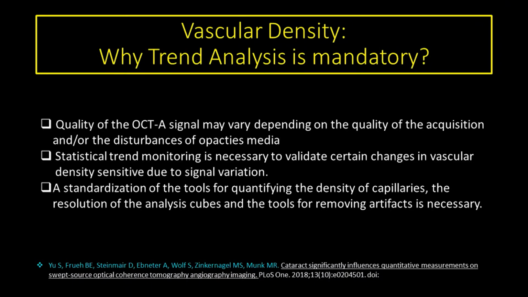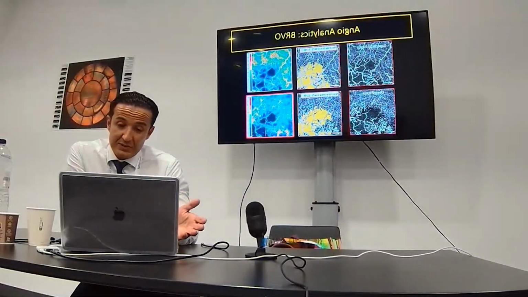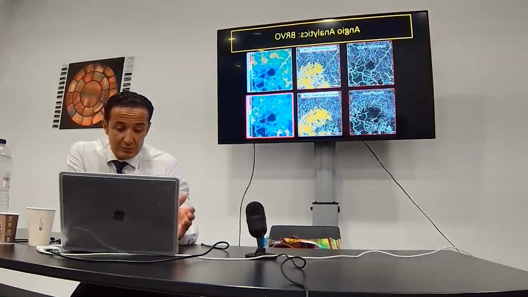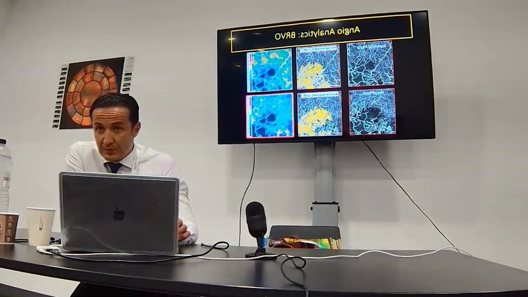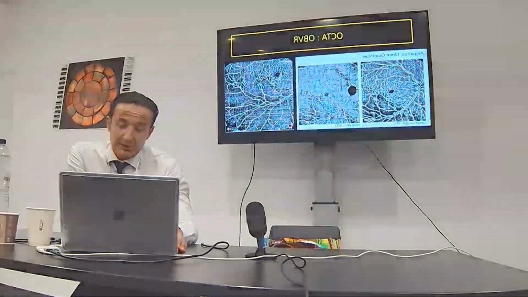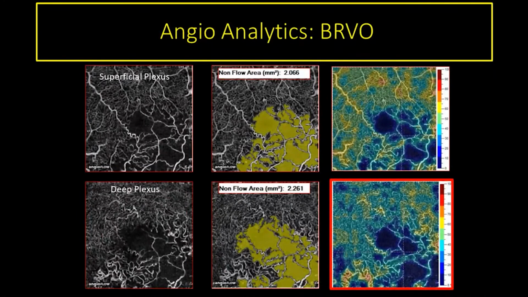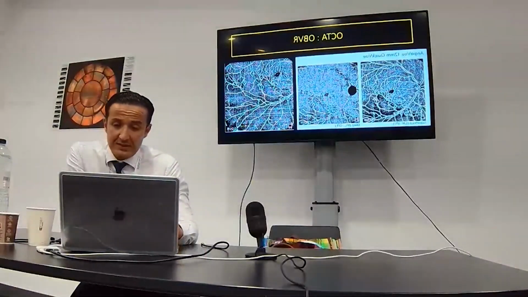And you can quantify the area of capillary dropouts and quantify the vascular density for superficial plexus and the deep plexus, and you can also check the peripheral area of capillary dropouts, like in this case of BRVO.